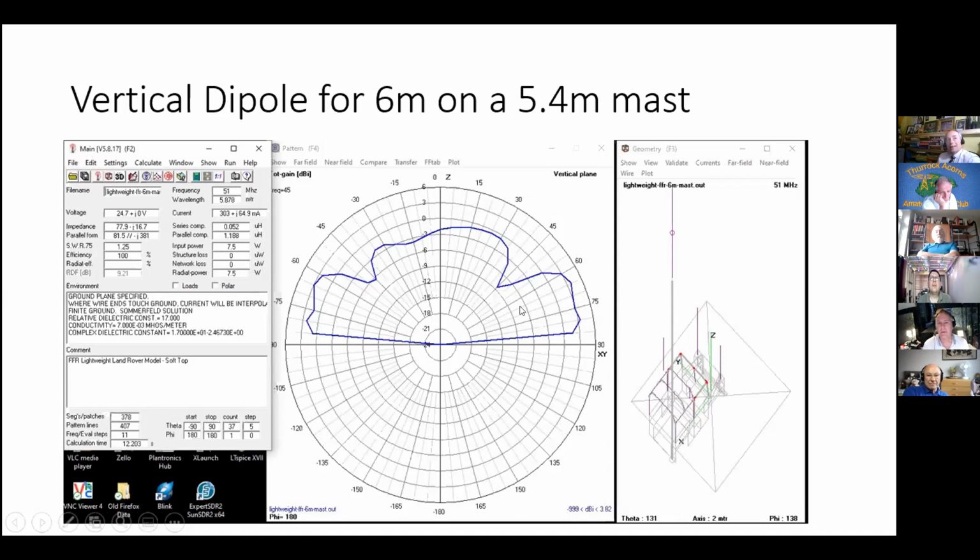And this is fairly typical of things like collinear and end-fed dipole antennas on a mast over ground. The bottom half of the radiation pattern turns into reflections, which pushes the radiation pattern upwards, or the peak gain upwards above the horizon.